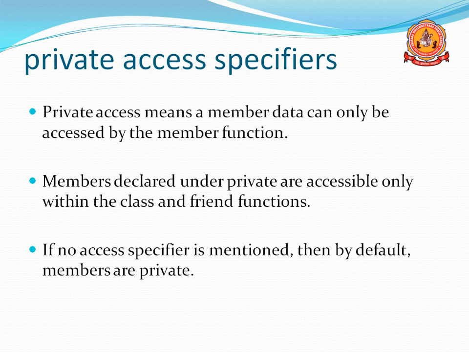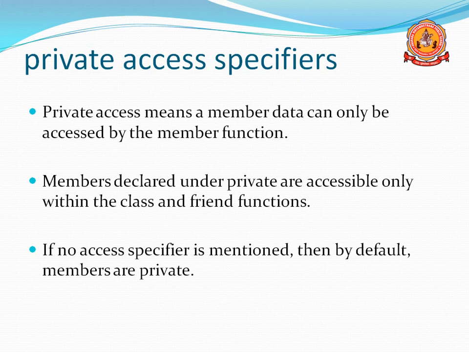Such members have more security. Member functions can access the private data within the class, and a friend function can also access the private data. Friend functions we are going to study in one more chapter, that we will discuss later.